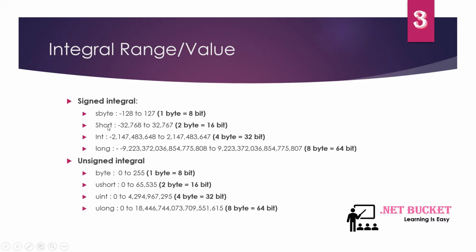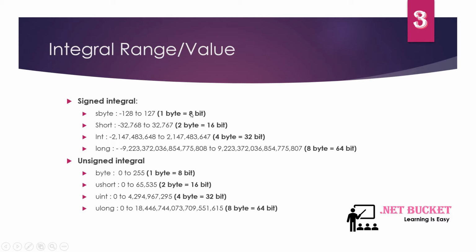Similarly, whenever you declare a variable of type short, it will allocate 2 bytes of memory, that is 16 bit, which is minus 2 to the power 15 to positive 2 to the power 15.